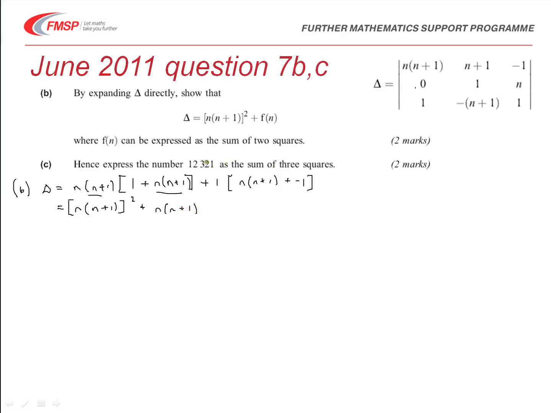And then from the second bracket, we got 1 again times the n plus 1. And then we've got a minus 1 on the end there. I was just looking at that minus 1 and thinking, no, that's not right, and you're quite right, it isn't. Because when we did this determinant, it was n times n plus 1 minus a minus 1 times 1, so that's a plus 1 there.